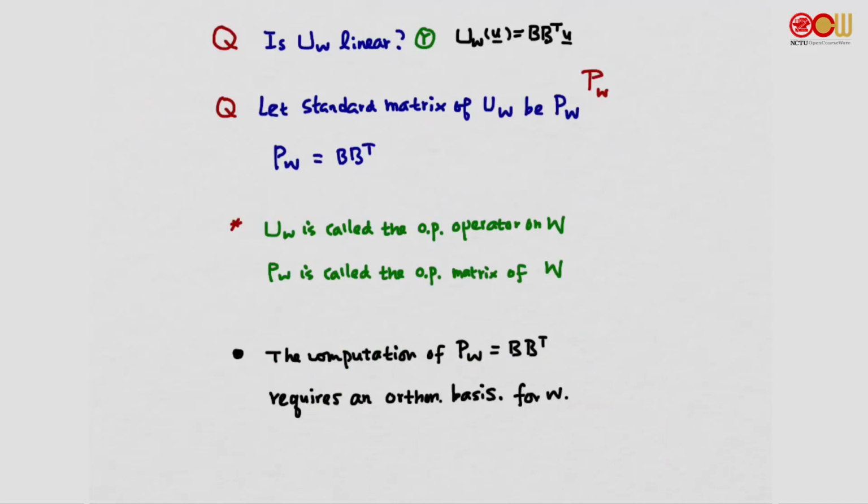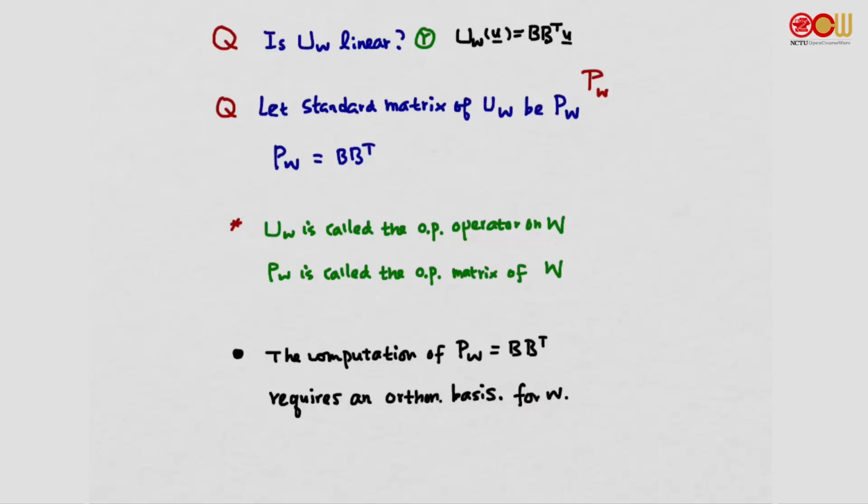In our earlier discussion, we have found that PW is equal to BB transpose, and this B, whose column vectors form an orthonormal basis for W. So if we want to compute this orthogonal projection matrix, we need an orthonormal basis to start with.